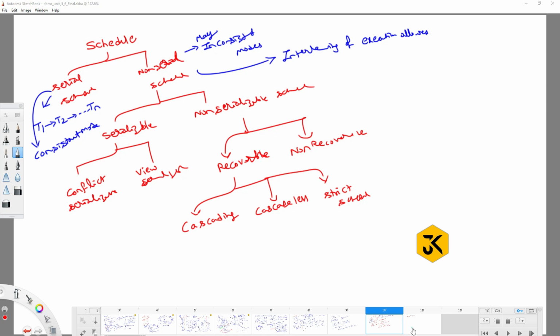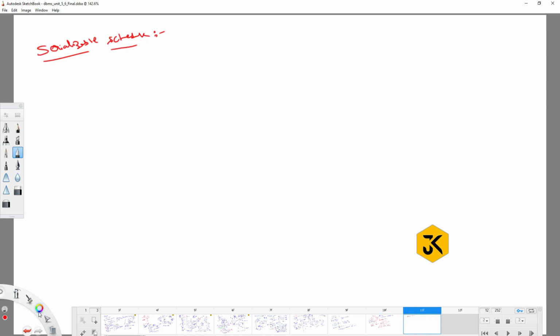So for that reason, serializable schedules means if I have a non-serial schedule S and a serial schedule S dash, both have to satisfy certain properties. Then we can say that they are serializable schedules.